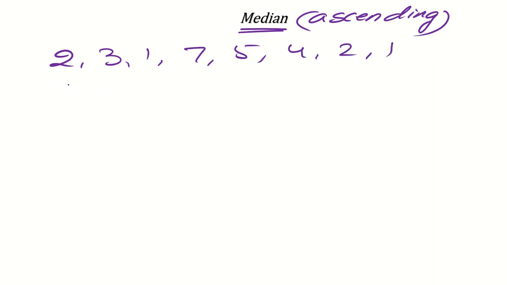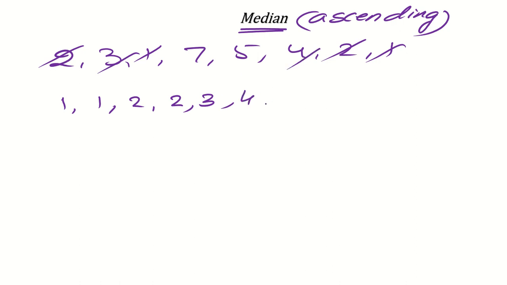Now we have to find the median. So what we will do? First we will write them in ascending order. So 1 1, then 2 2, then 3, then 4, then 5, and 7. Yes, so we have done all the numbers.